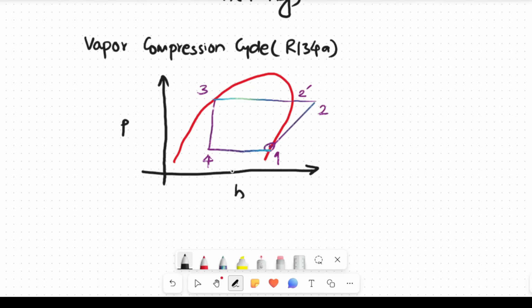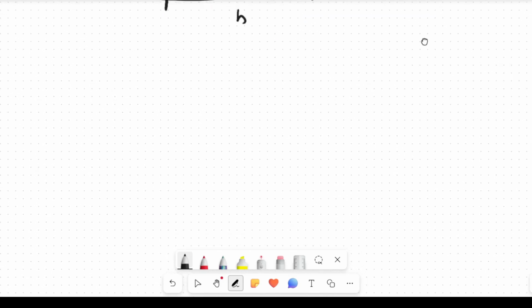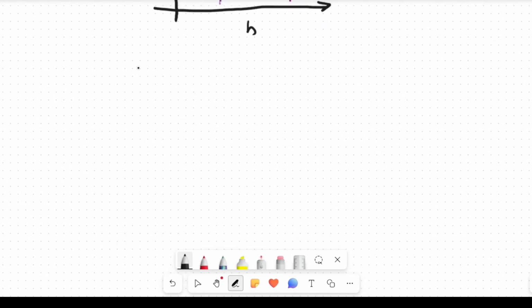Now, friends, understand that as I told you, with this pressure enthalpy diagram we use one more diagram. That diagram is called the TS diagram, the temperature entropy diagram.